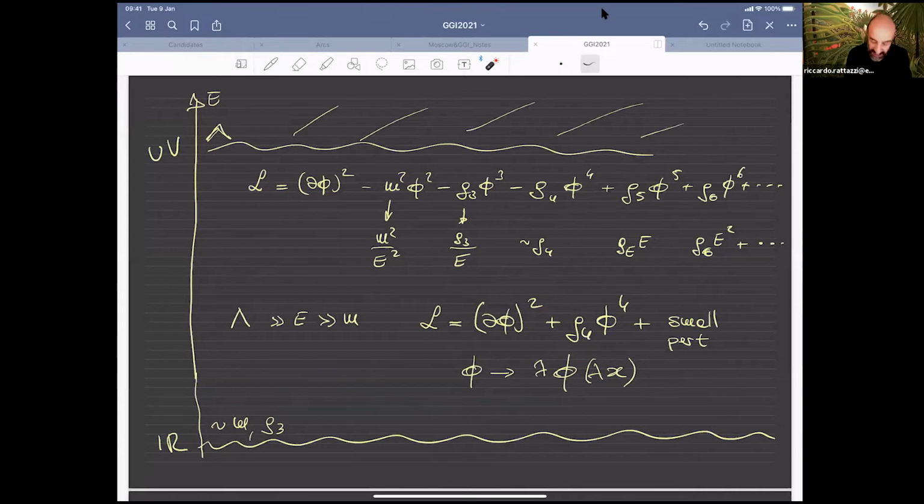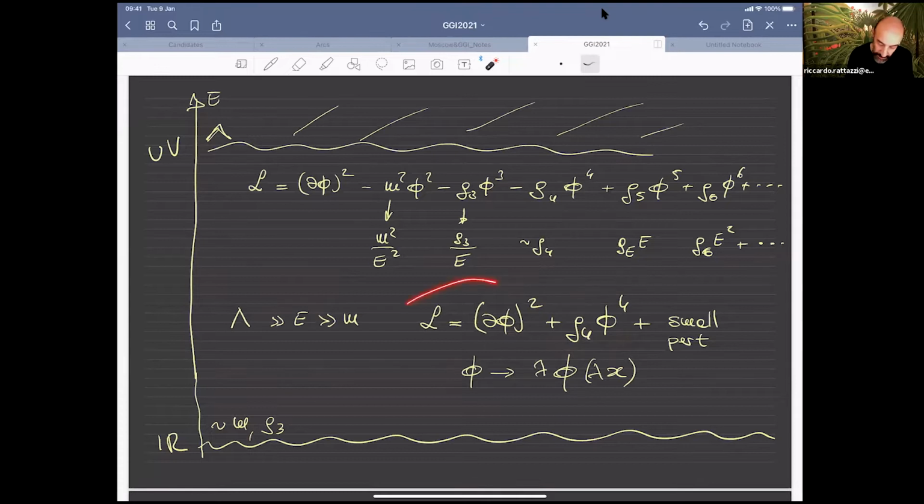But if the theory is weakly coupled, which may or may not be, and it is just an empirical fact that we keep finding weakly coupled theories, of course sometimes they are not, but they are just a fact of life, then in the case of weak coupling, the breakdown of scale, of dilatation symmetry that arises at the loop level is small, okay? It's of the order of the loop expansion parameter.